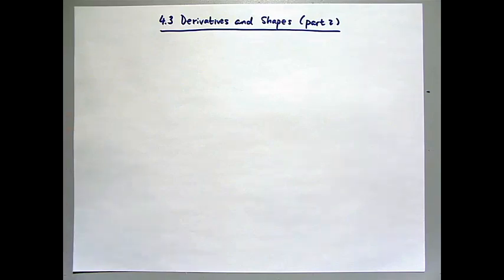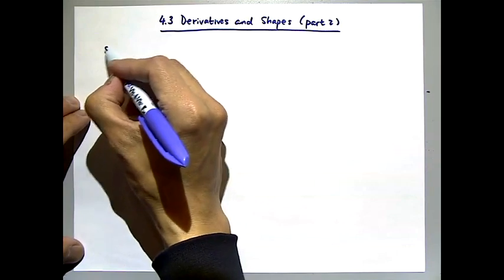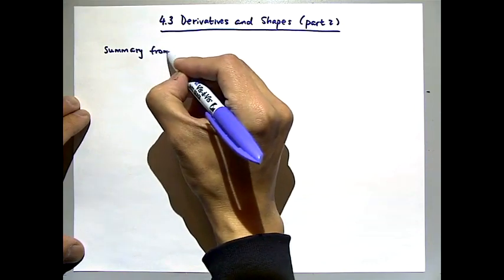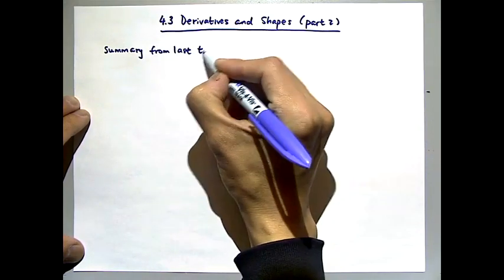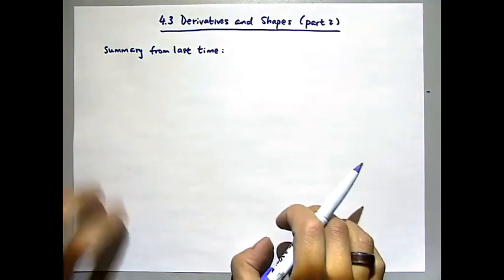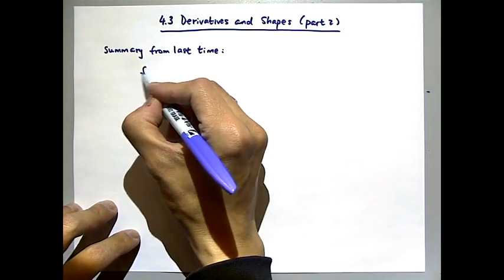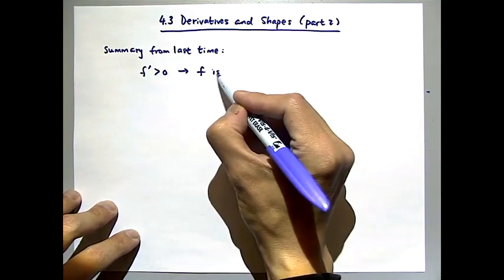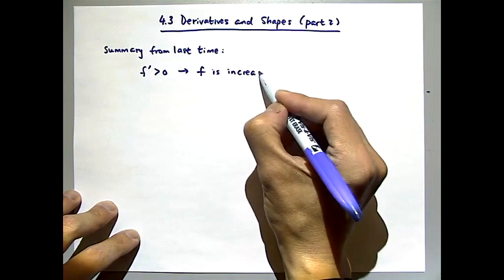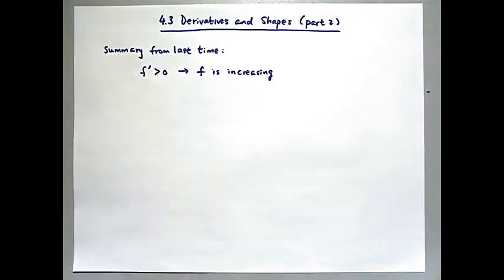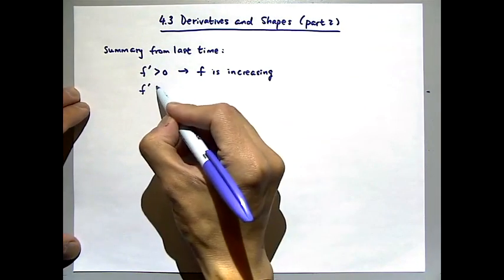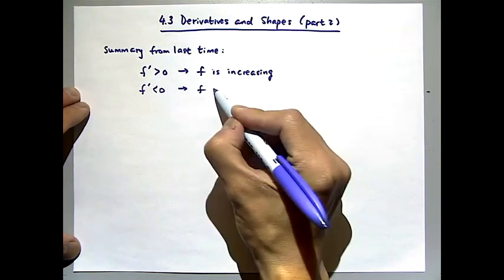So first of all, a quick summary from last time. We saw that if f prime is positive, then the function f is increasing. If f prime is negative, then the function is decreasing.